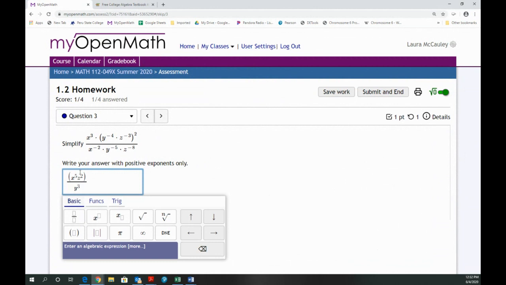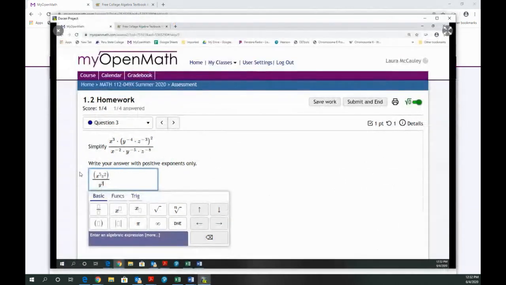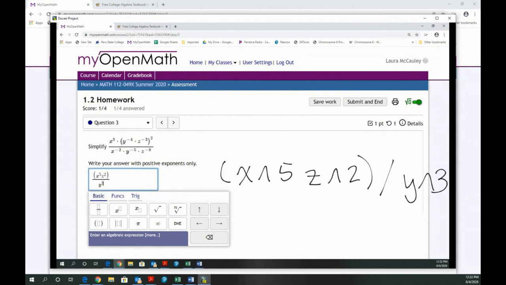So what I typed on my keyboard was parentheses, x caret 5, arrow key, z caret 2, close parentheses, divided by y caret 3. You do have to push your over key so that you get out of the exponent when you're done. But you can always use the pieces as well.